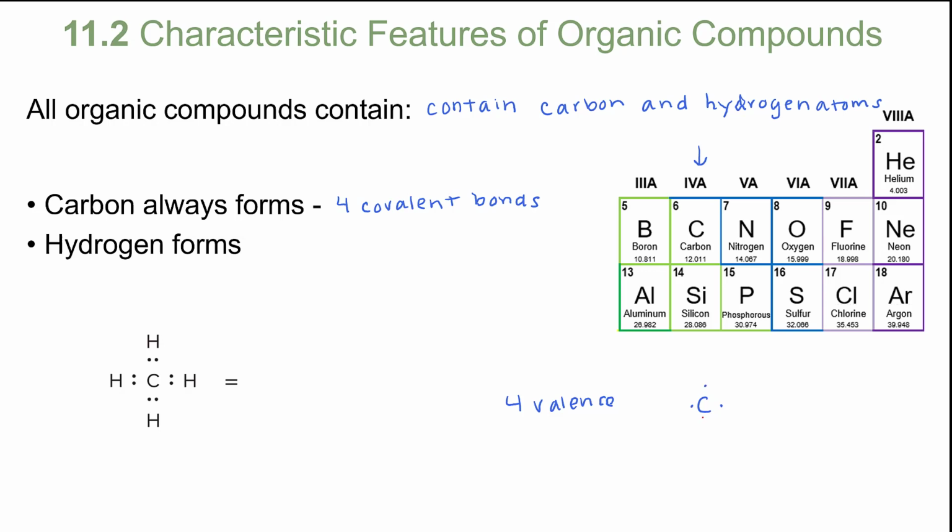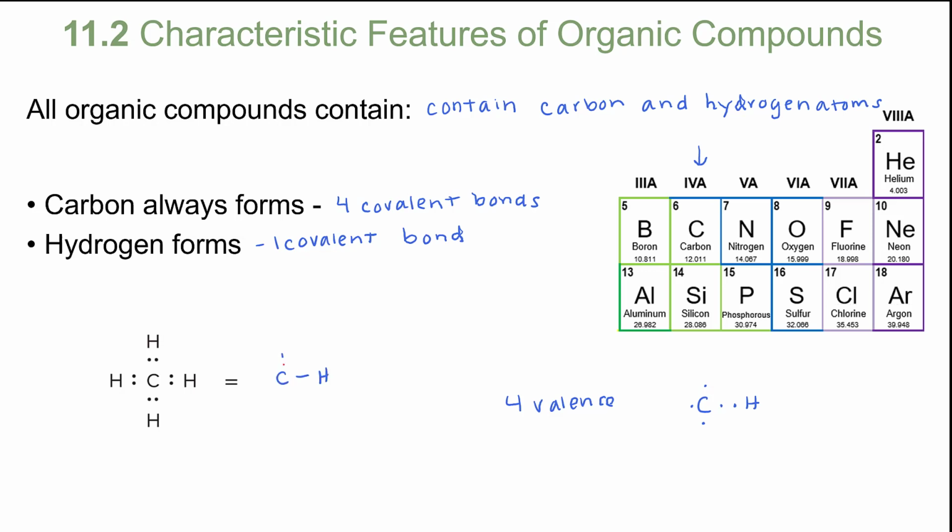So if we're drawing the valence electron structure for carbon, that's what we would see. And hydrogen, which is not on this mini periodic table here, has 1 valence electron. And that forms 1 covalent bond. So if we had 4 hydrogens, and they're all going to contribute 1 electron, which is what is shown here, carbon can form a single bond 4 times to hydrogen.